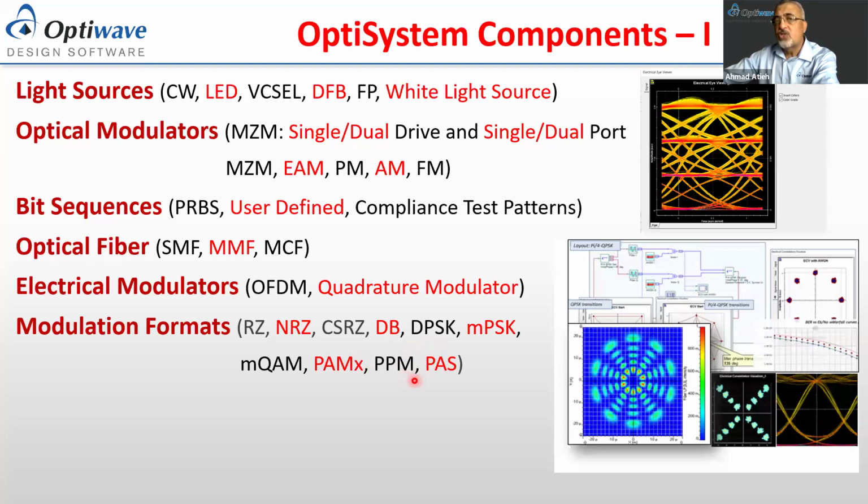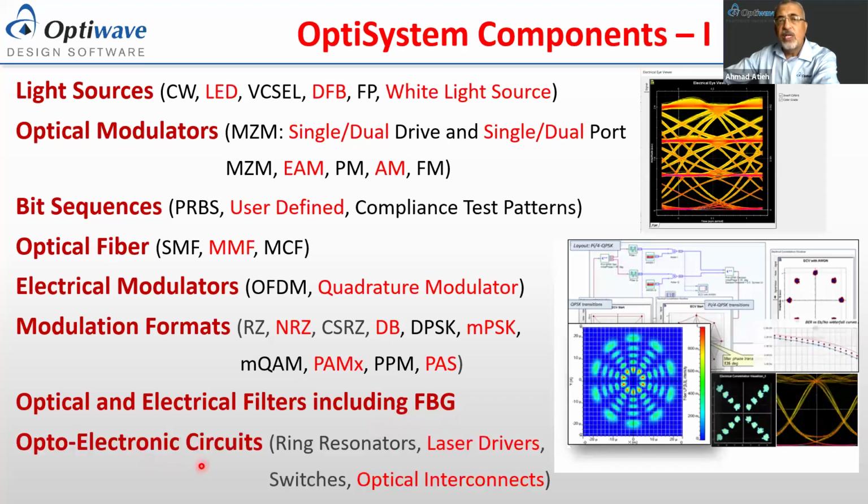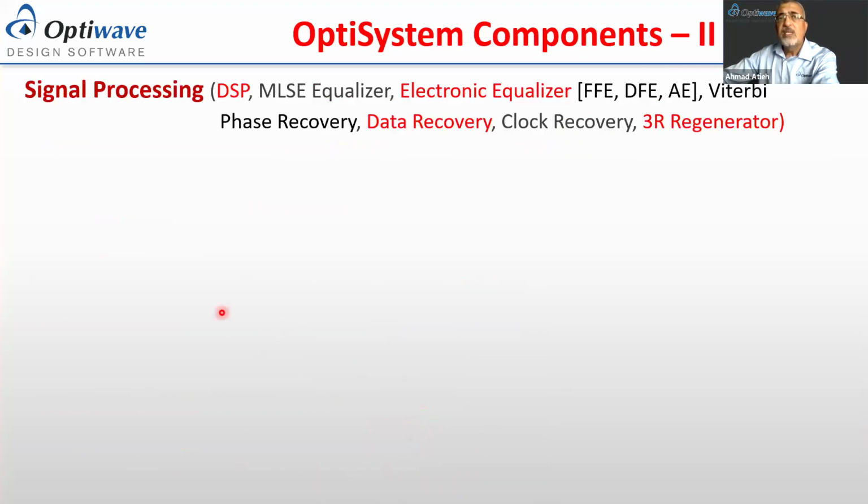We have pulse position modulation as well as probabilistic amplitude shaping, so you can employ probabilistic amplitude shaping on the PAM or the QAM. We have optical and electrical filters, including fiber Bragg grating filters, and optoelectronic circuits which can be designed through OptiSpice and included in OptiSystem. For signal processing, we have a huge library, including a universal DSP, which has multifunctionality in it.